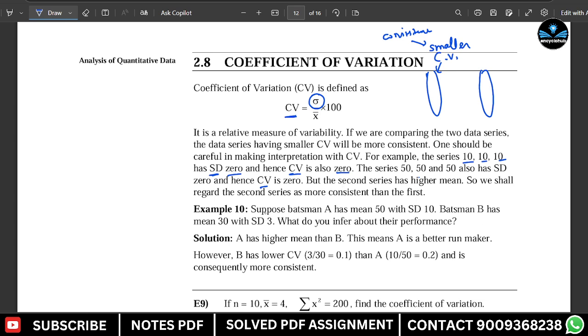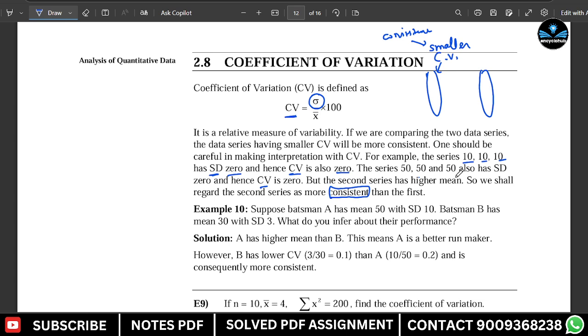So we shall regard the second series as more consistent than the first, because it has the higher mean.